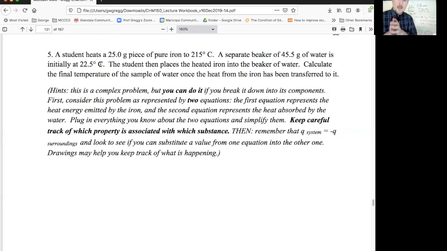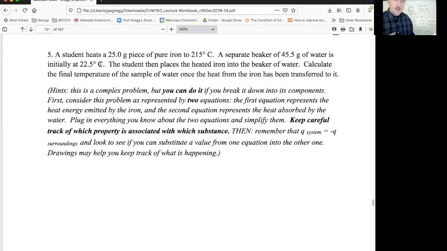So the heat is going to go out of the metal into the water. It's going to heat up the water. And at some point, the metal and the water around it are going to reach an equilibrium temperature, the same final temperature. And we're asked to calculate the final temperature of that sample of water once this equilibration has occurred.